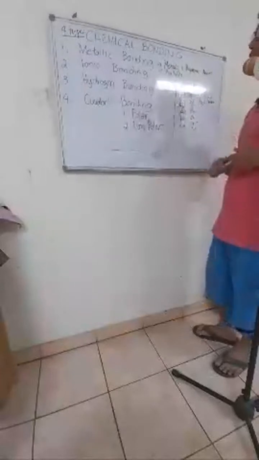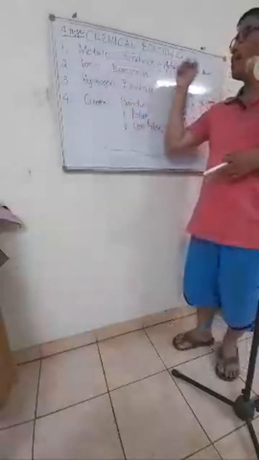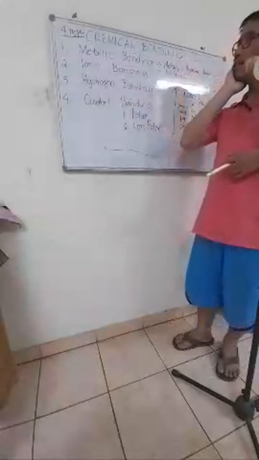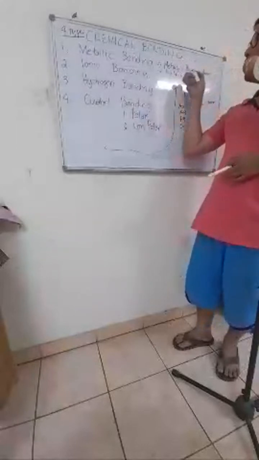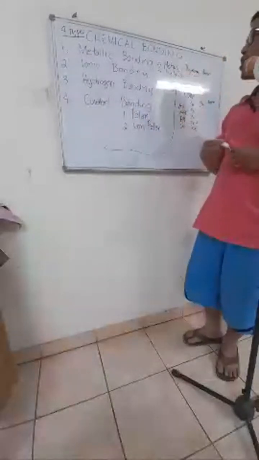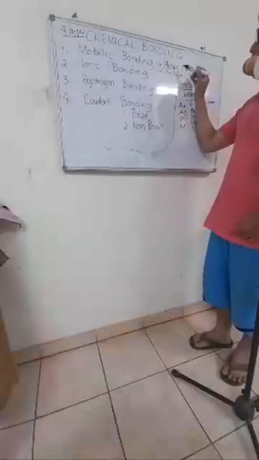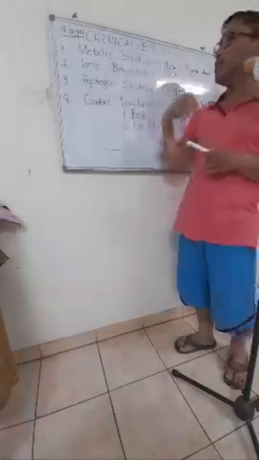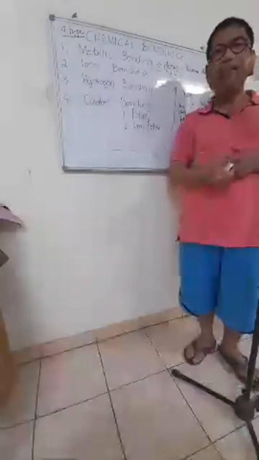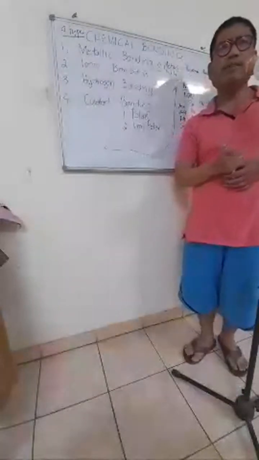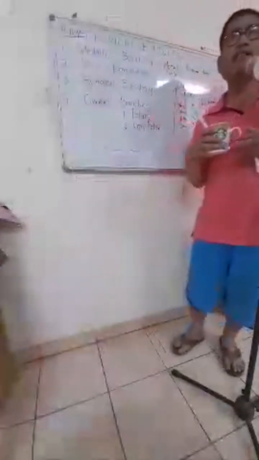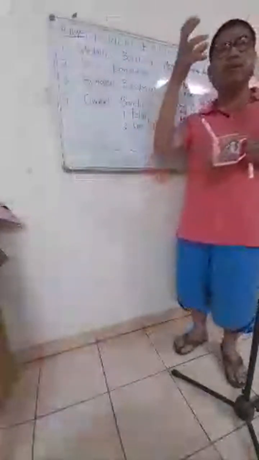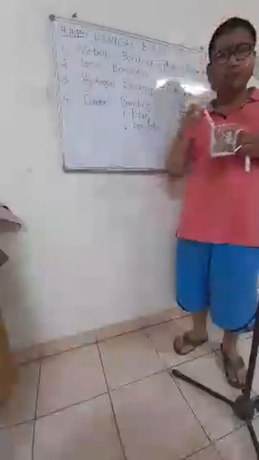So metallic bonding looks very easy, right? There's also the opposite of that charge, negative and positive, in metallic bonding. Alloying is not a metallic bonding, because it's all positive.